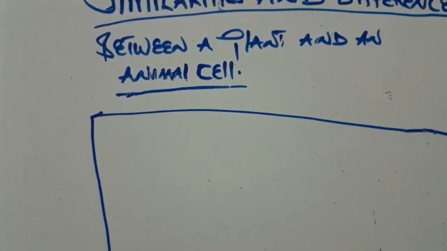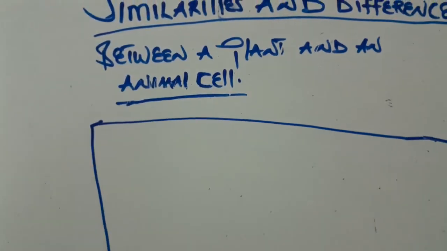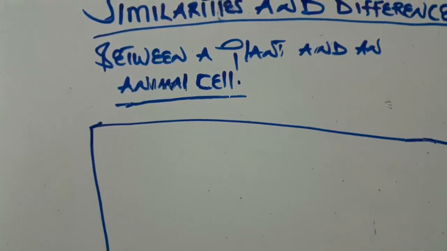And I want you to know that there are only 3 similarities, the common ones, that are found in both a plant cell and an animal cell.